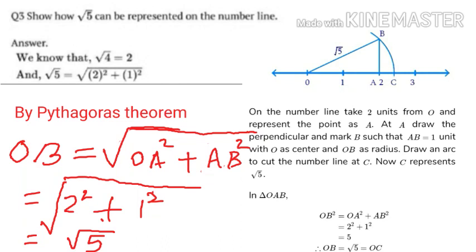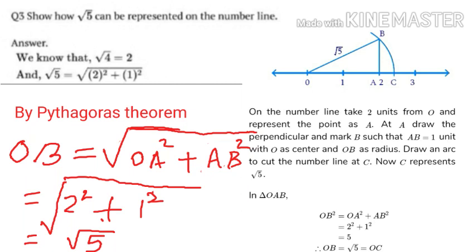Take 2 units from O and represent the point as A. Because first one should be 2 centimeter and AB should be 1 centimeter. At A, draw a perpendicular and mark B such that AB equal to 1 unit. Now with O as the center, draw a radius of OB.